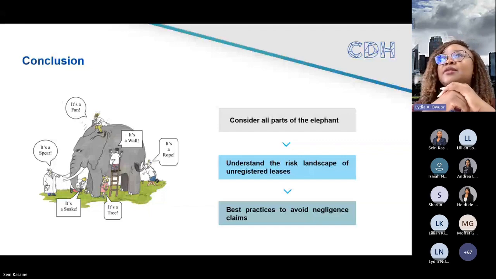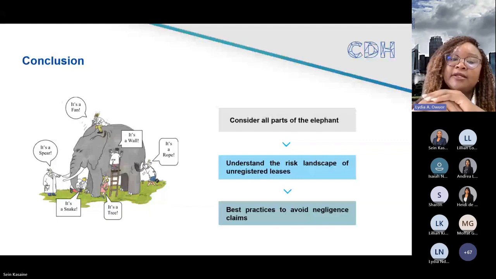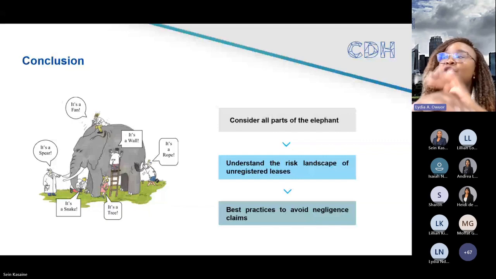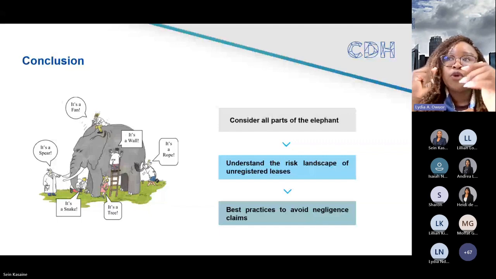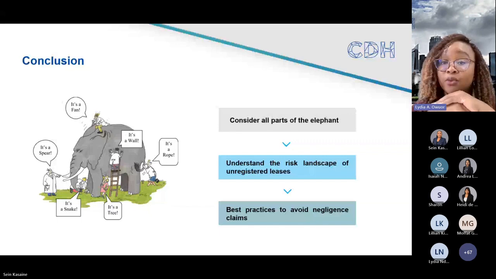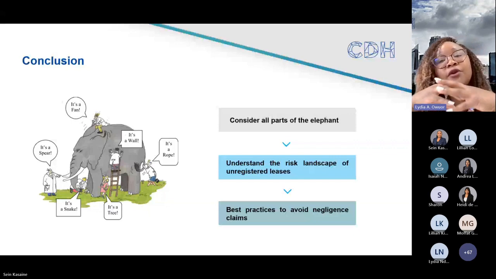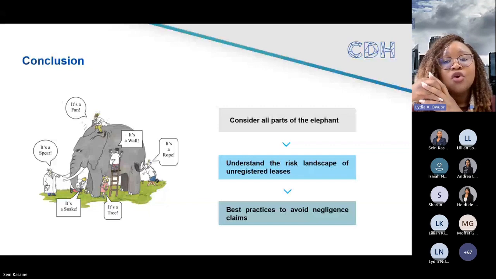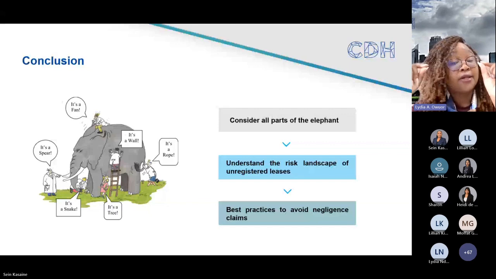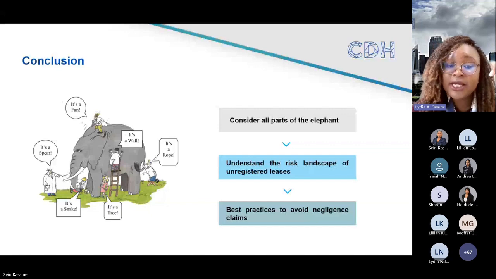And then let me also say that, just to drive the point home, registration of a lease is a matter of transforming a lease again from a simple contract to a real property right. It matters, and you have to consider it when you're making the decision, when you're electing not to register your lease.